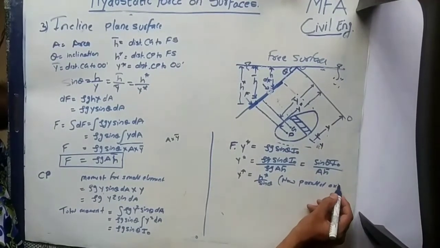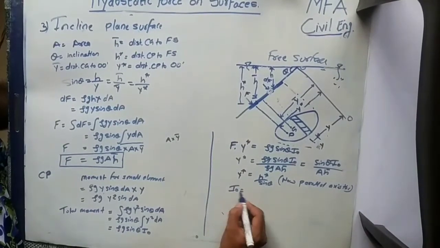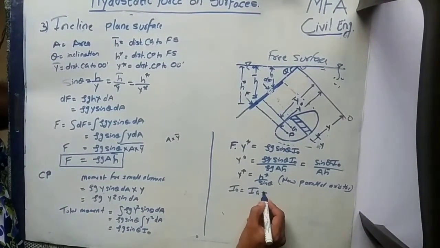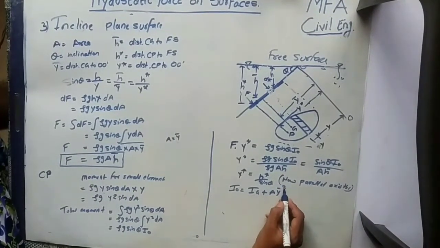By the parallel axis theorem, I0 is equal to Ig plus area into y bar square.